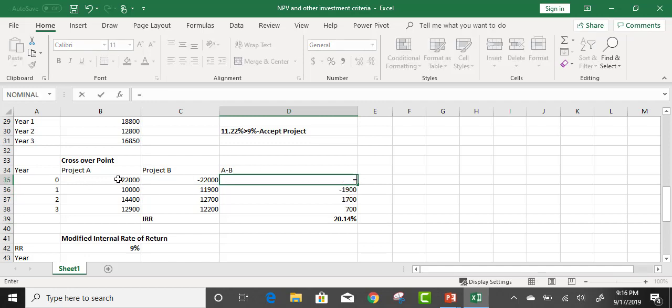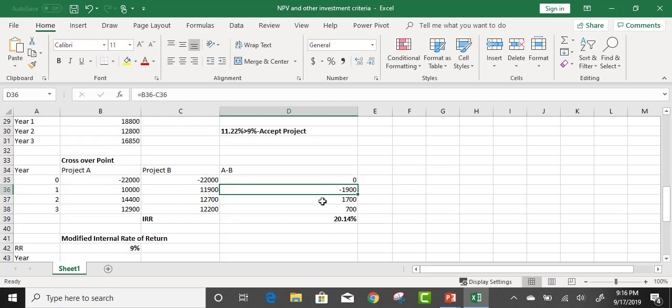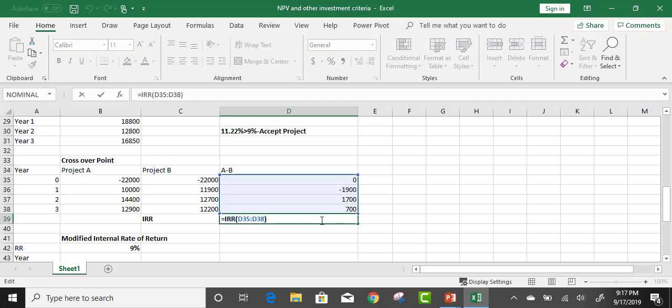So that value is 0 minus the cash outflow of project B. Likewise, you can find the difference, and you use the same equation that we used before, but here you are finding the internal rate of return of the difference in cash flows.